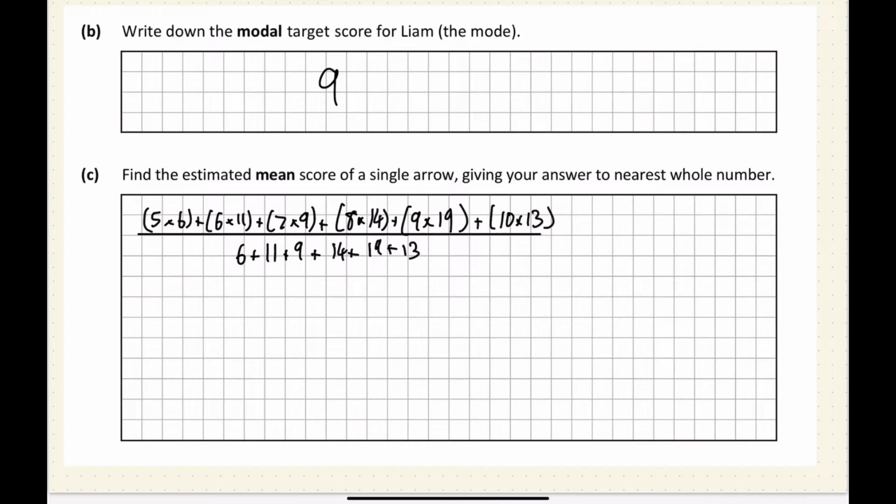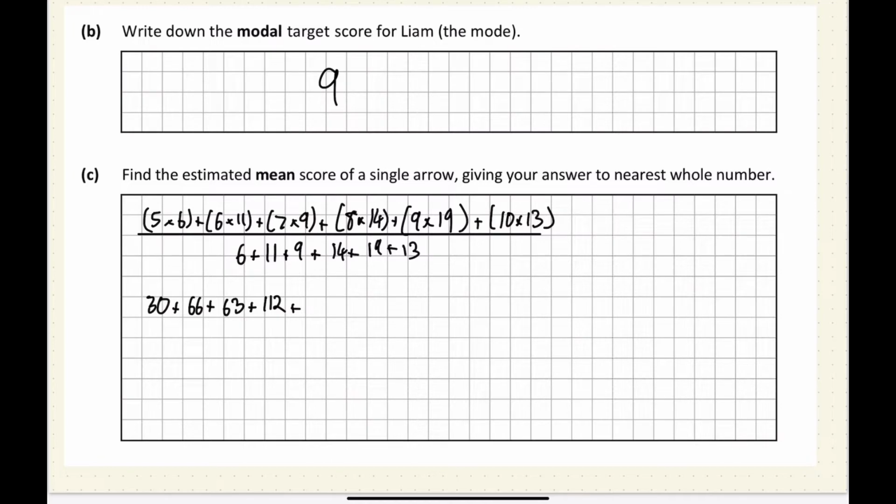So that's going to be 5 times 6 is 30. So 30 plus 66 plus 7 nines, 63, plus 8 times 14. So 10 eights would be 80, and 32 is 112, plus 9 times 19.